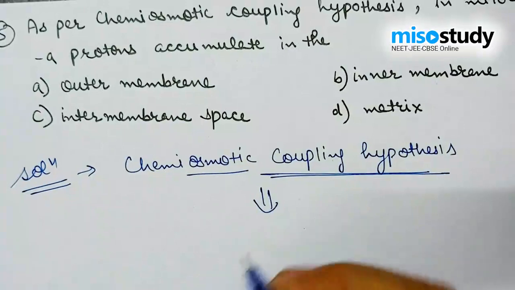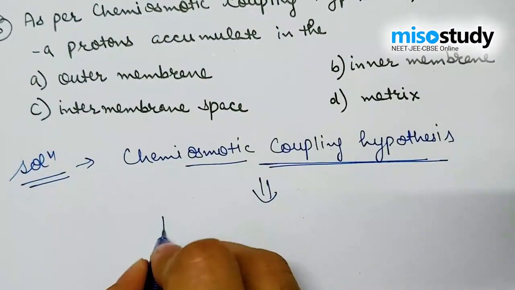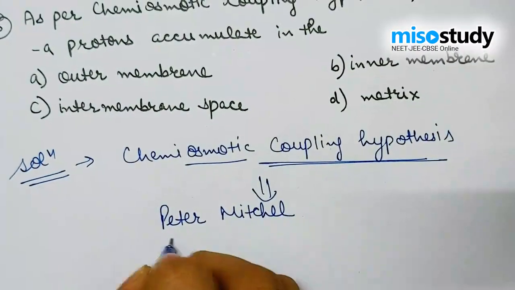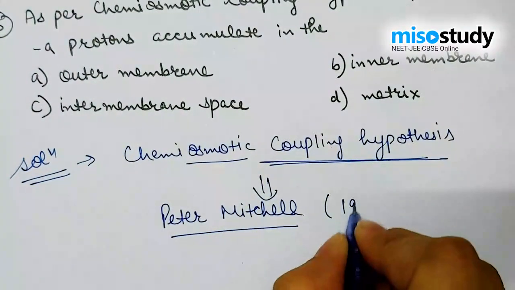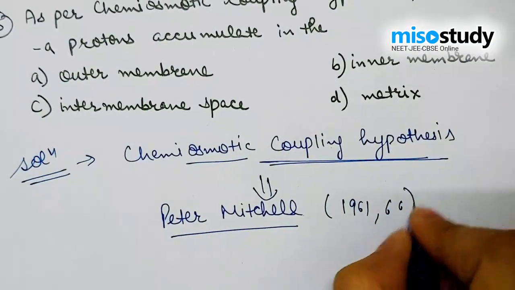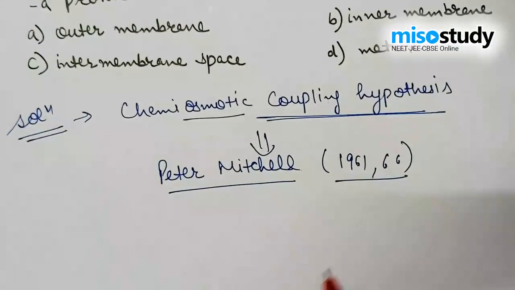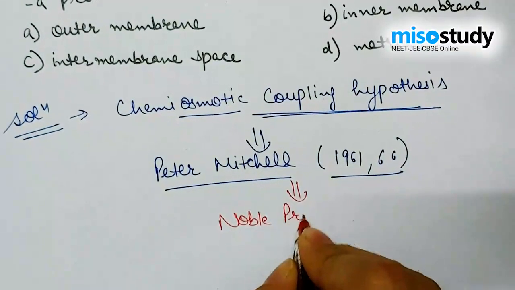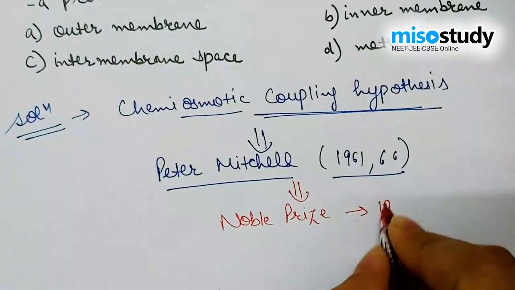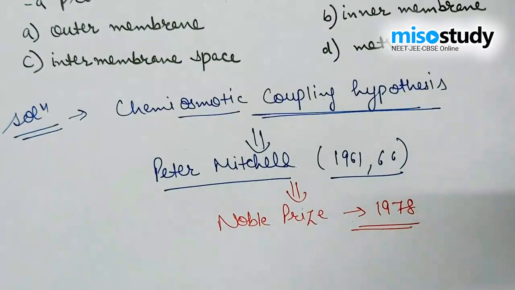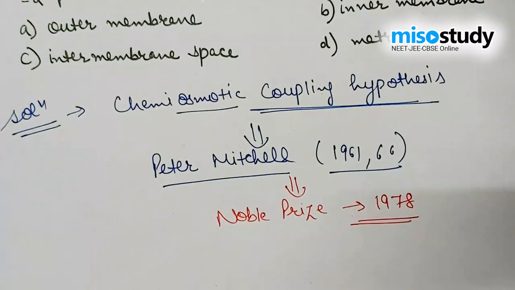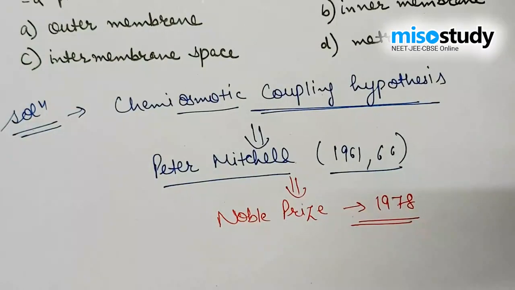That hypothesis was proposed by the scientist named Peter Mitchell in 1961, and he got the Nobel Prize for the same in the year 1978. Sometimes the question asks about the Nobel Prize and the proposal given by which scientist.